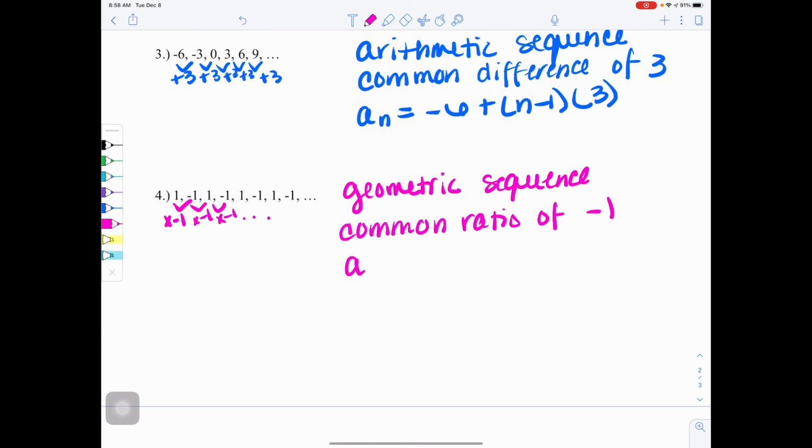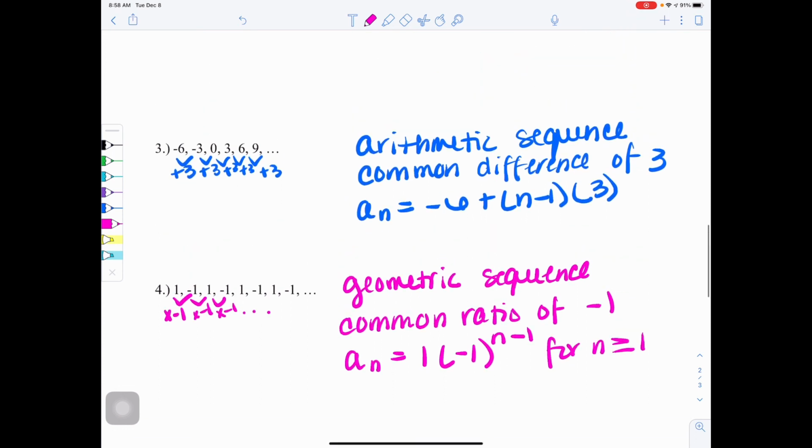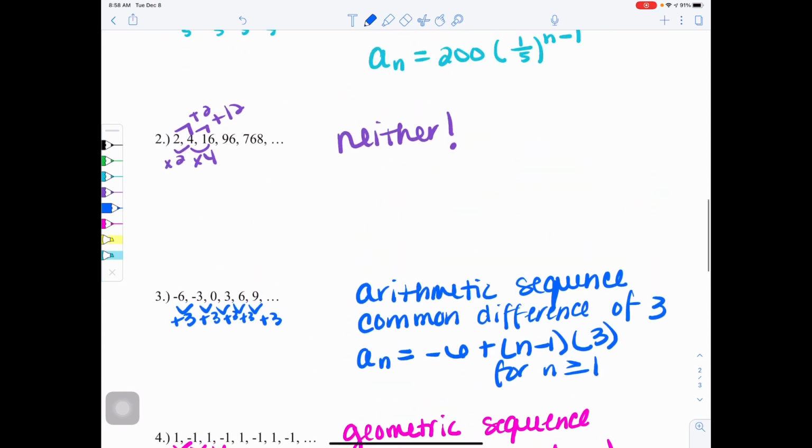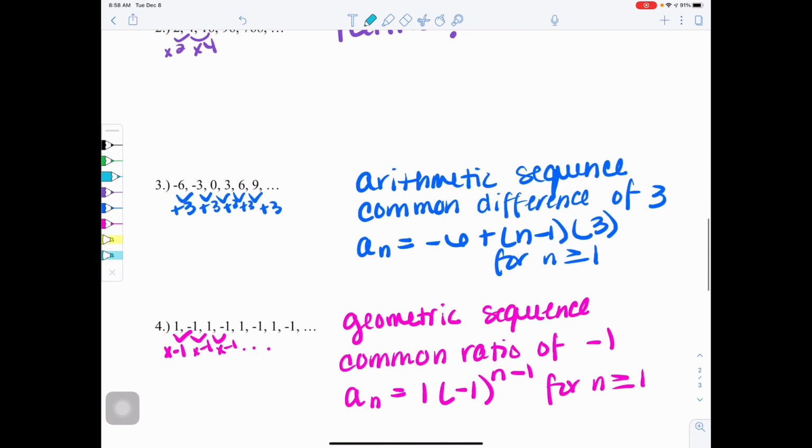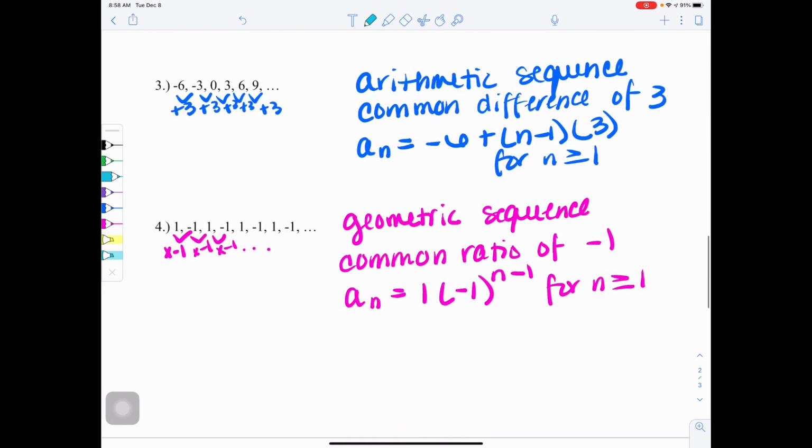And my formula would be a sub n equals, the first term is 1, my common ratio is -1 to the n minus 1. Now for all of these, you should have for n is greater than or equal to 1. And that concludes your lesson on geometric sequences.